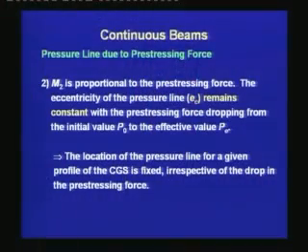It is only M2 which changes with the drop in the prestressing force. This gives us a very important conclusion that the location of the pressure line for a given profile of the CGS is fixed irrespective of the drop in the prestressing force. That means whatever is the prestressing force, the pressure line is a constant for a given profile of the CGS.